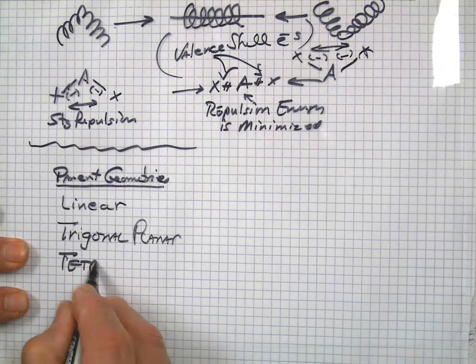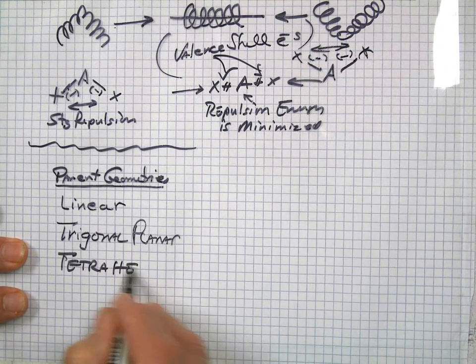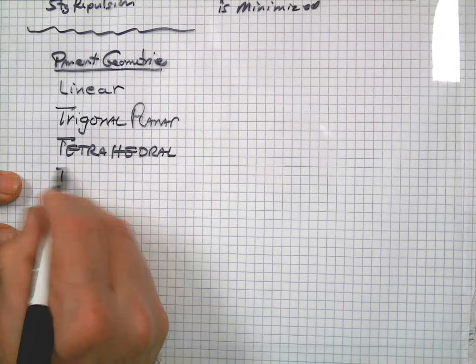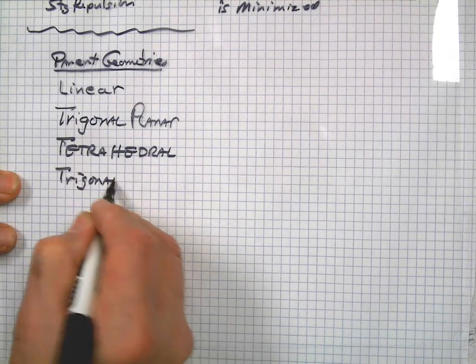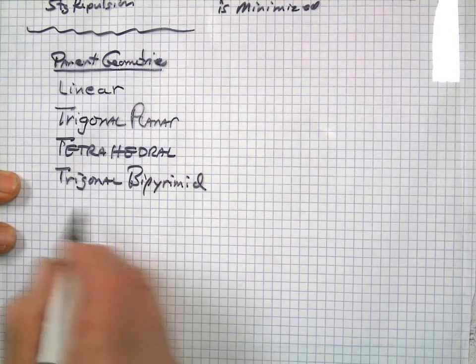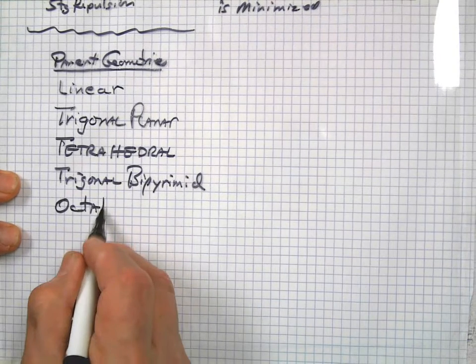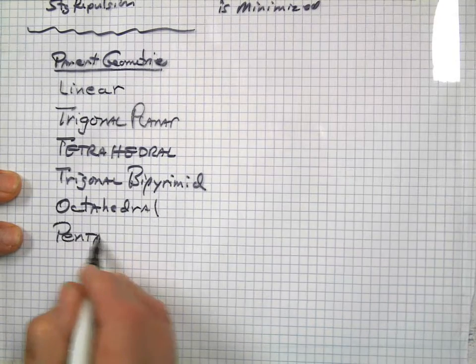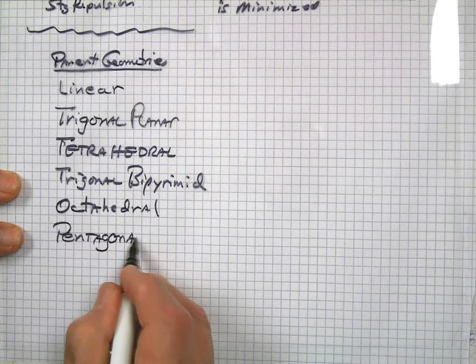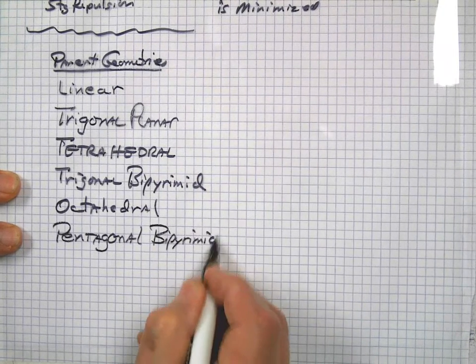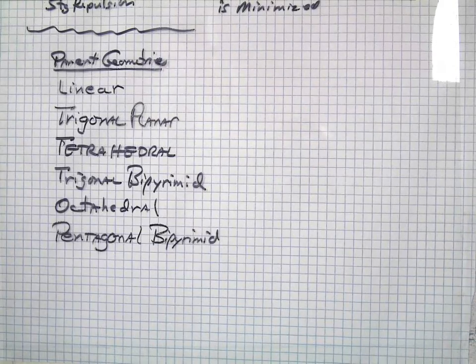Tetrahedral, trigonal bipyramid, octahedral, and pentagonal bipyramid. Are your six published parent structures.